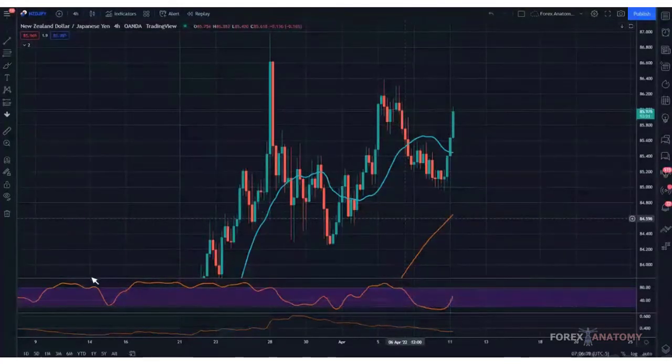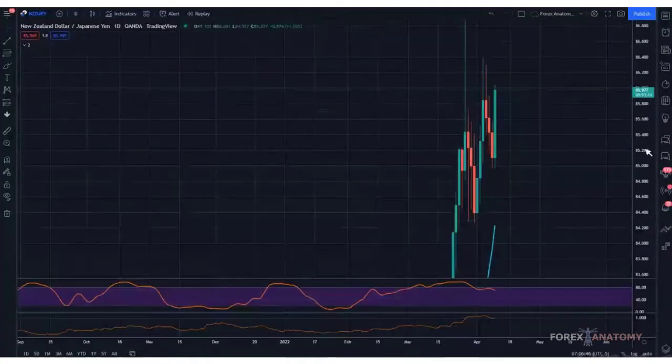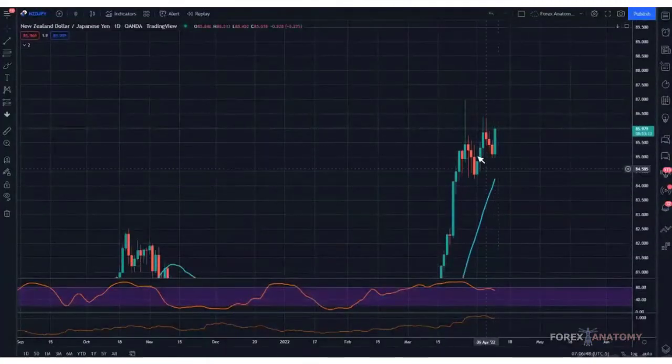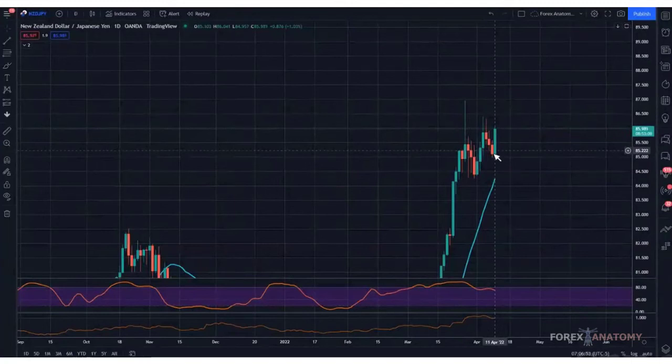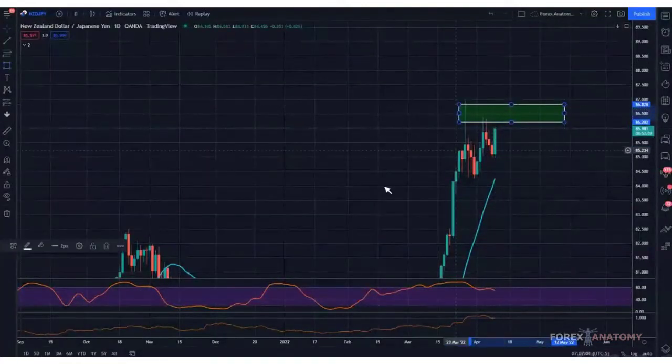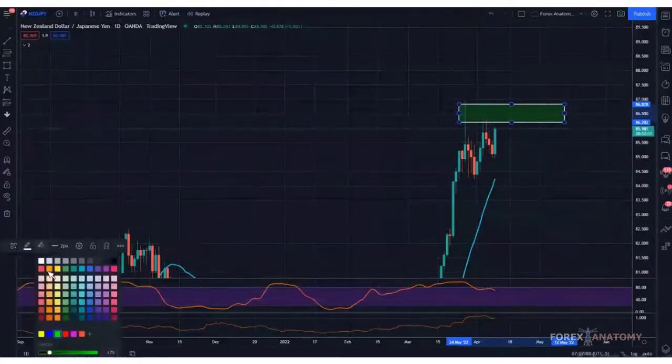But on the daily, we see that the environment is still somewhat bullish, even though we're topping or consolidating around this area. So we have to be careful, because what we can assume is that price will encounter an area of supply right around here. We can tell because we have these long wicks to the upside on these candles.